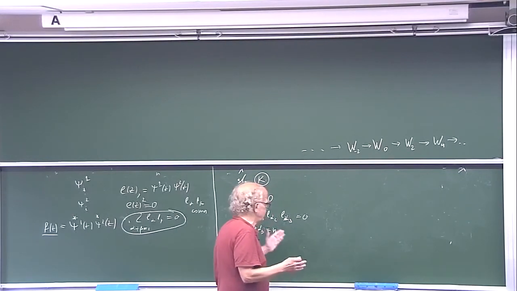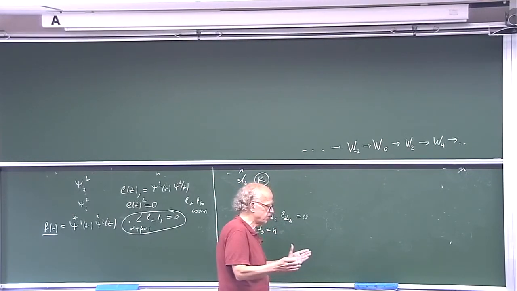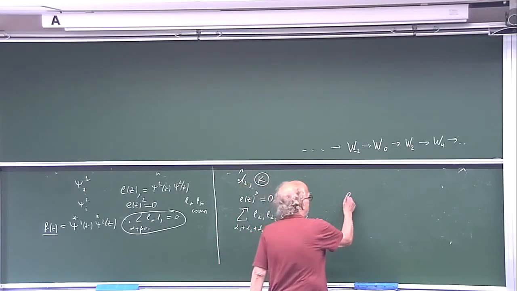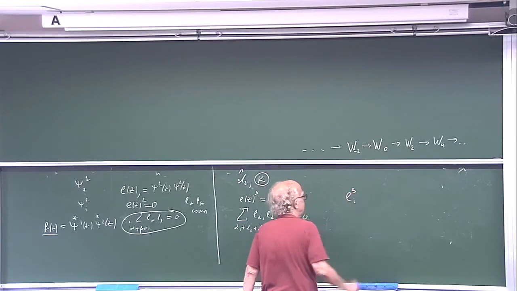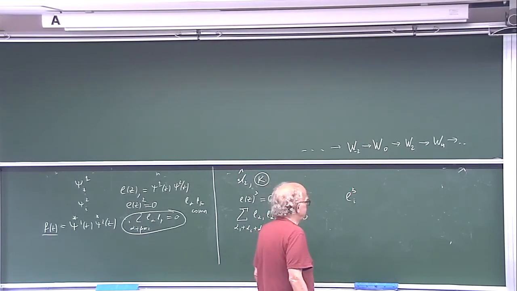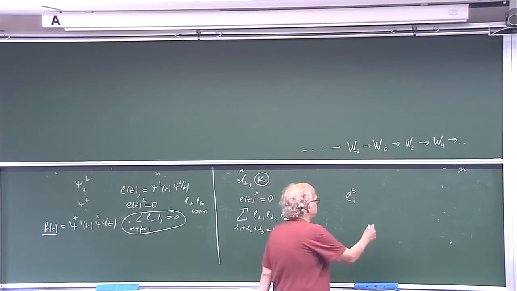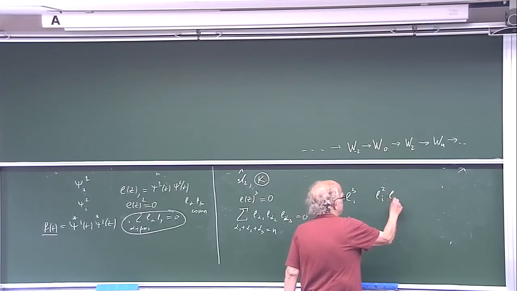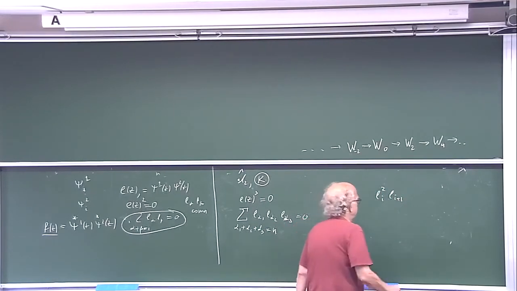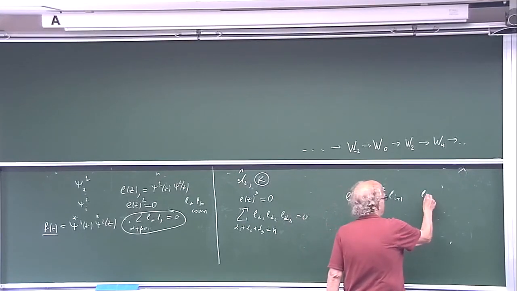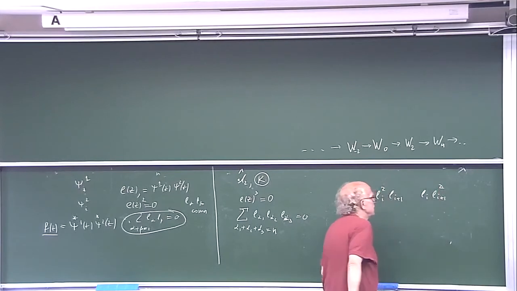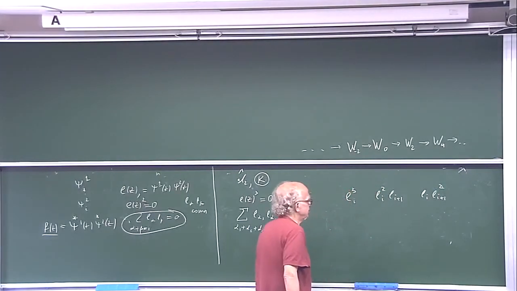You want to use this relation for rewriting monomials. And if in a monomial I have something like E_i cubed, then I can change it to some combination of this. A similar story happens for E_i squared E_{i+1}, and also the same for E_i E_{i+1} squared.